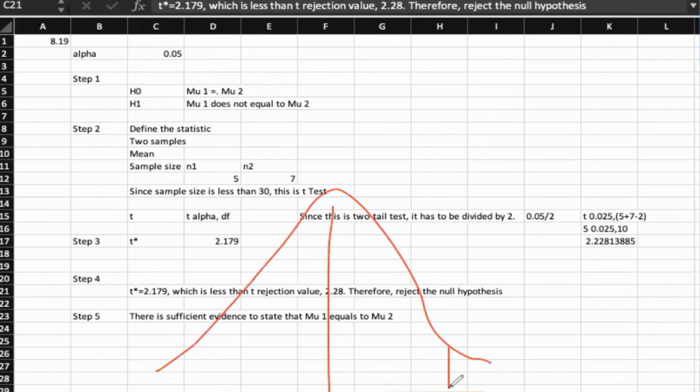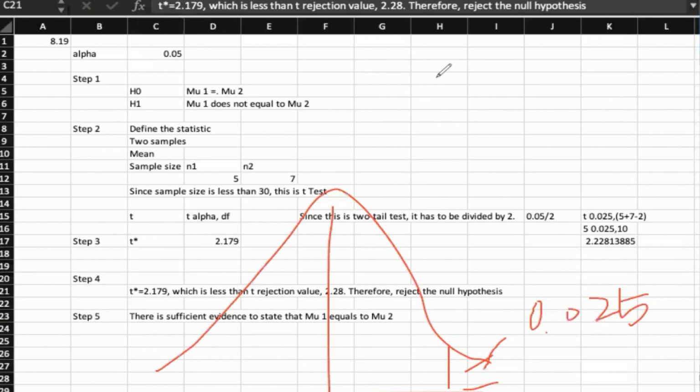This is the rejection region with 0.025, and this value is 2.28.